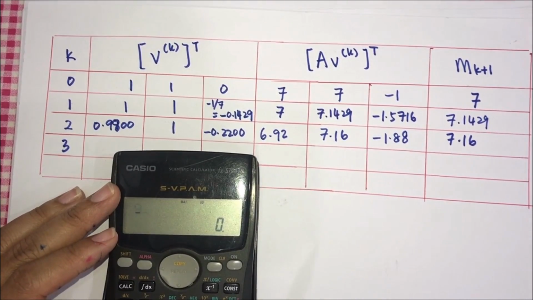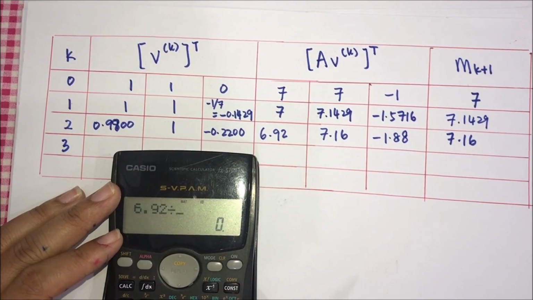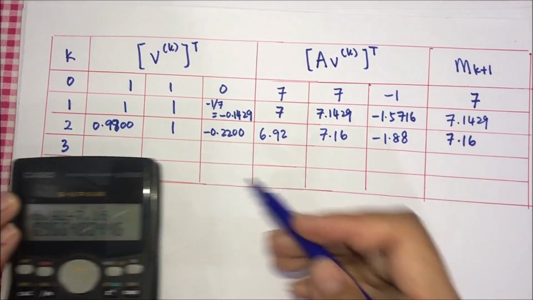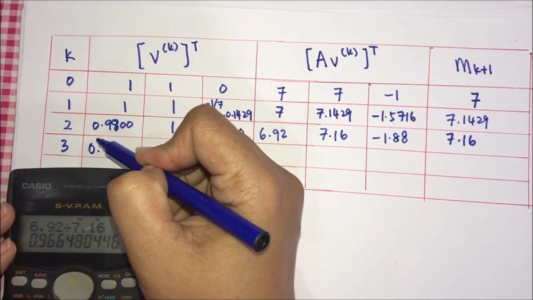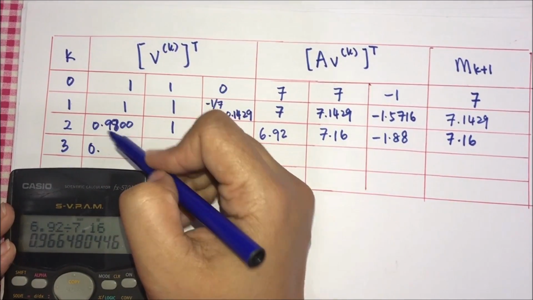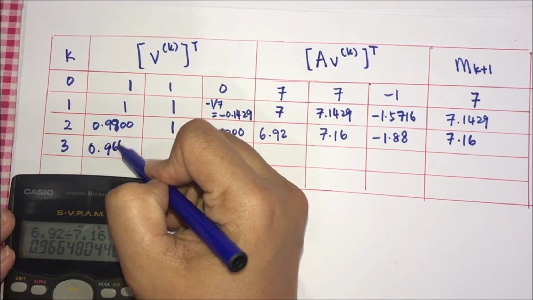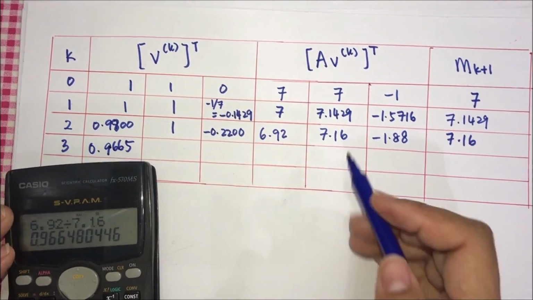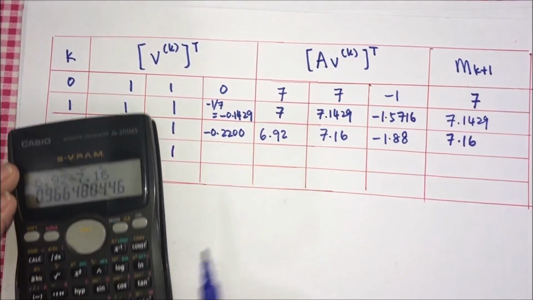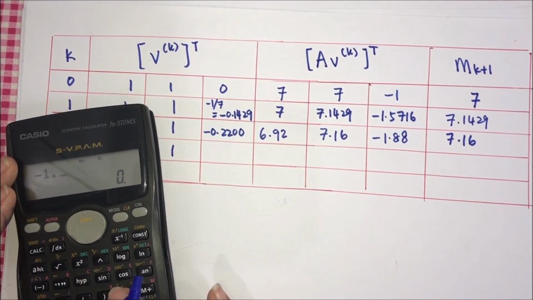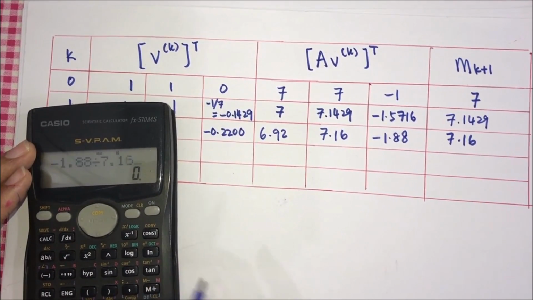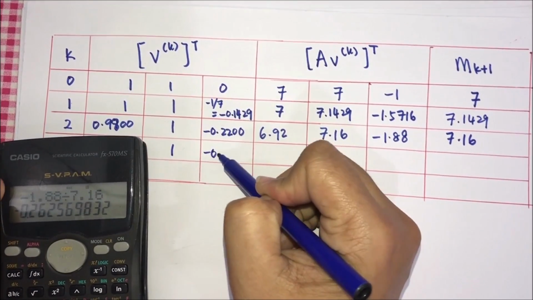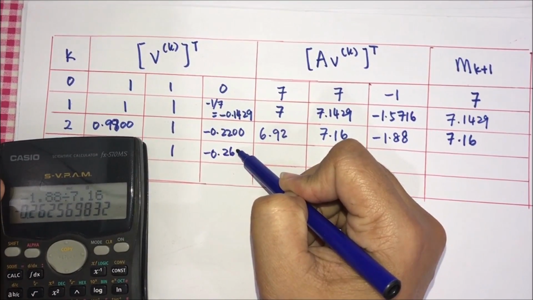So we get 0.9665, and this is 1. This is negative 1.88 divided by 7.16, negative 0.2626.